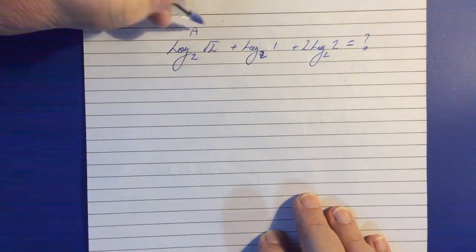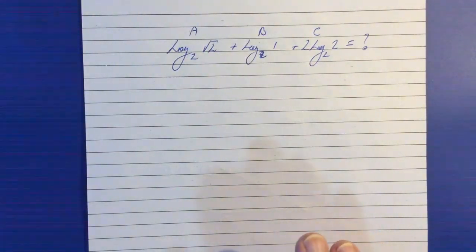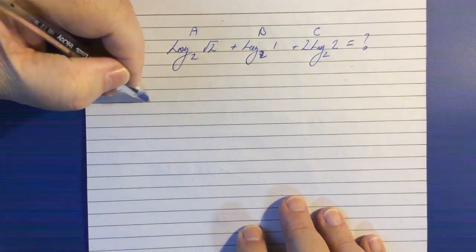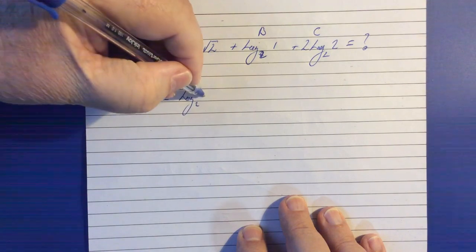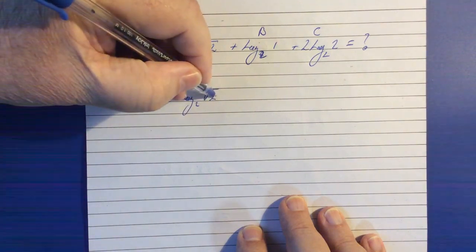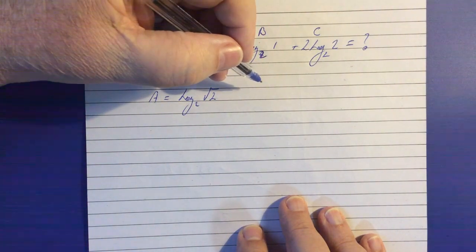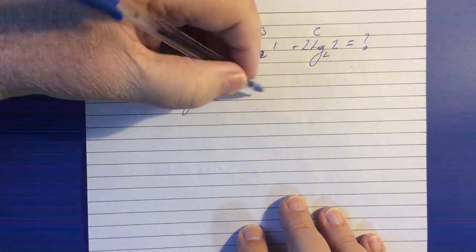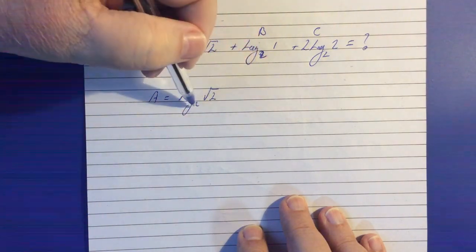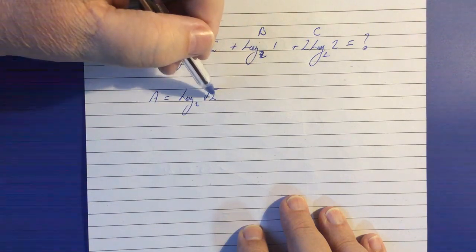I'm going to split this up into three parts and do each part separately and then put them together. So what we have is A is equal to log base 2 of root 2. The question is as follows: what power of 2 is going to give us the square root of 2?